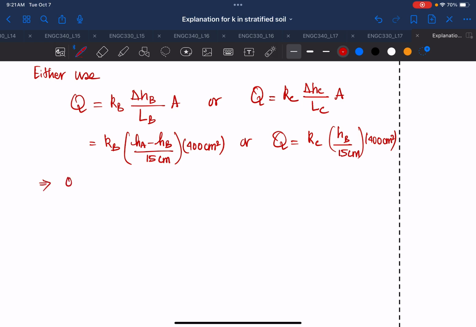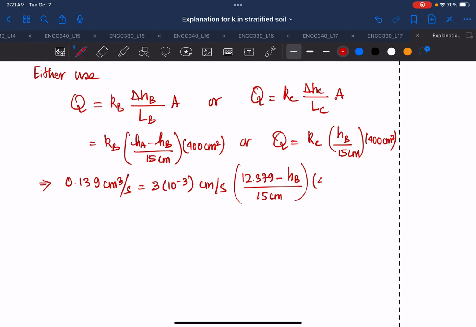So we're going to pick up only the one through HB. 0.139 centimeter cube per second is equal to KB, which is 3 into 10 to the power minus 3 centimeter per second, times HA, 12.379 minus HB, divided by 15 centimeter, multiplied with 400 centimeter square, and you'll find that your HB is equal to 10.642 centimeter.